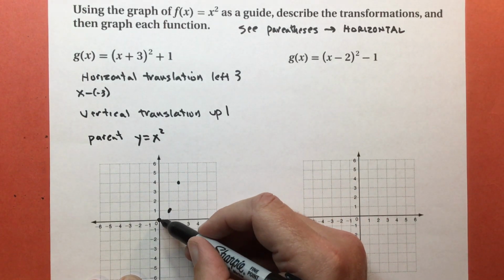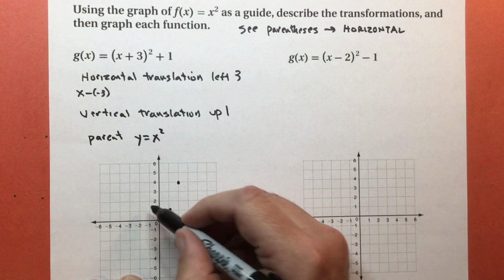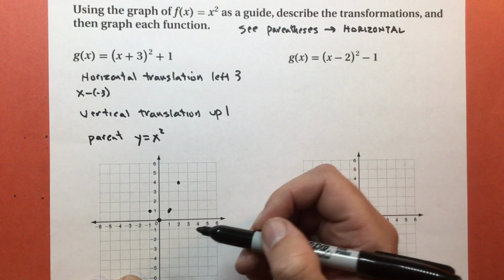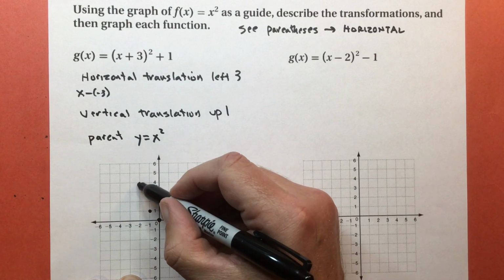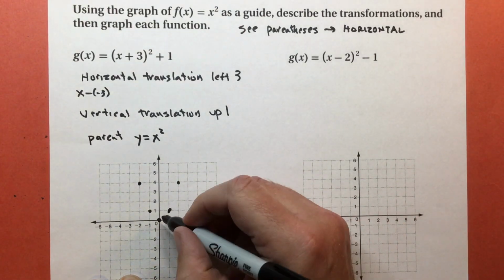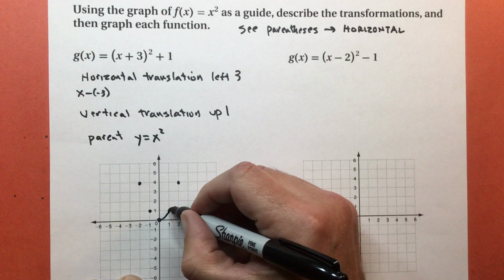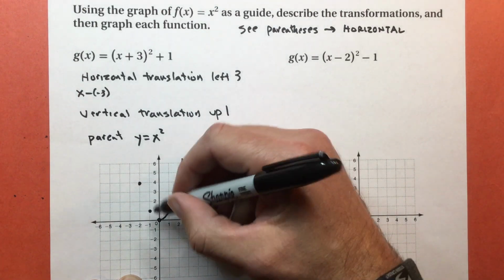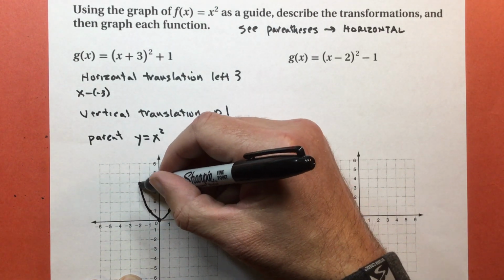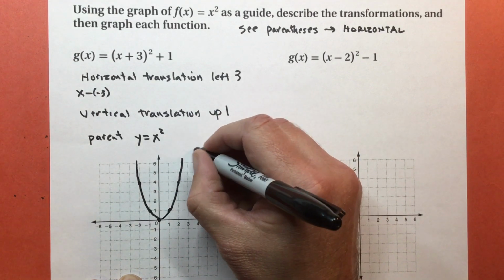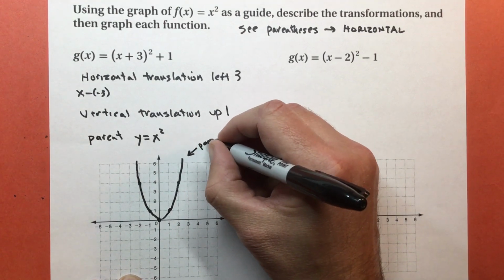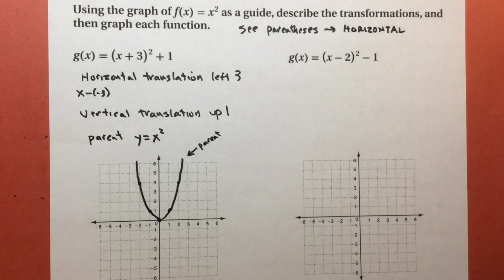But not only that, but I've got negative. So negative 1 times negative 1 is also positive 1. And negative 2 times negative 2 is positive 4. And for the parent function, it's going to look like this. All right? And I'm going to identify that as the parent.